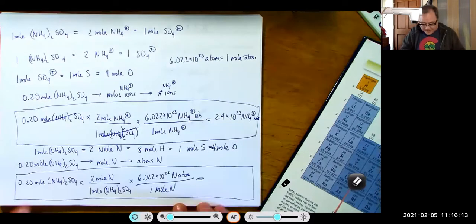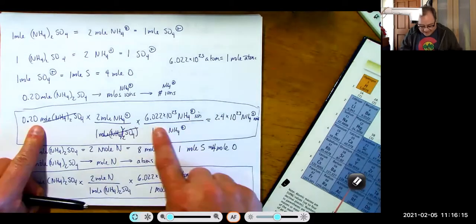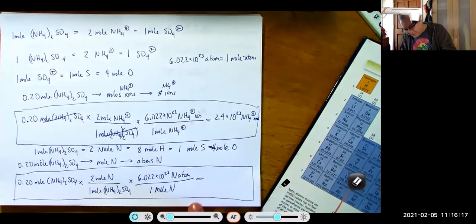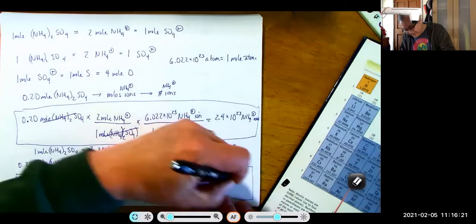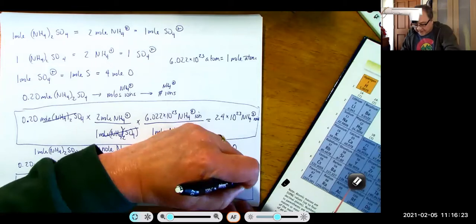Well, we've got this one right above that has the same numbers. So it's going to be 2.4 times 10 to the 23 N atoms.